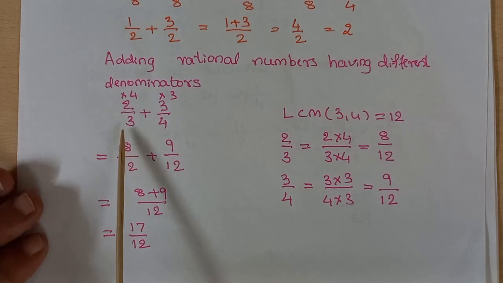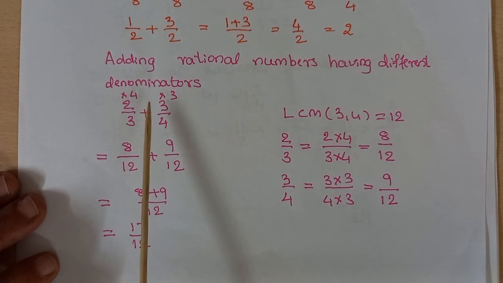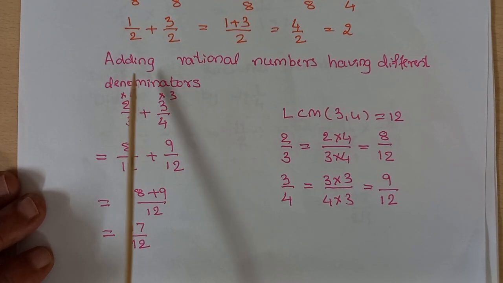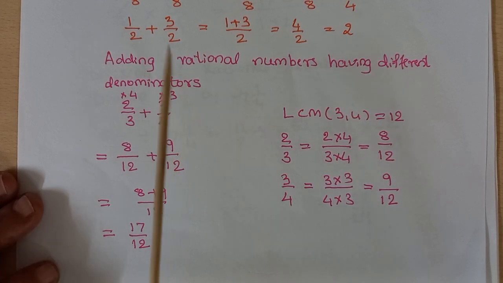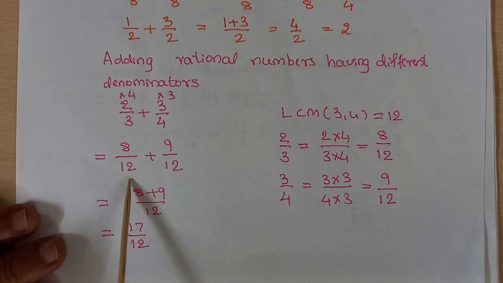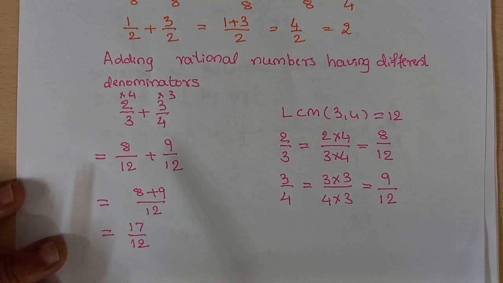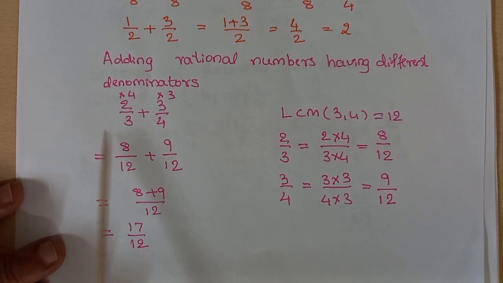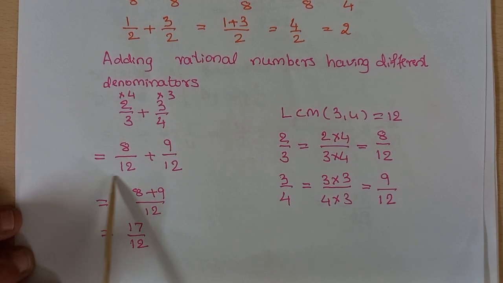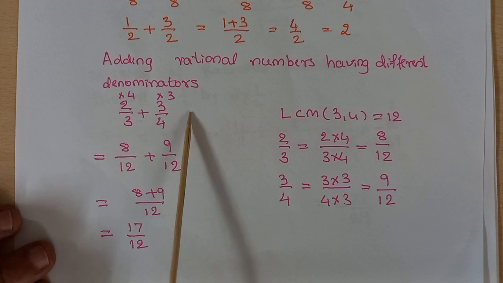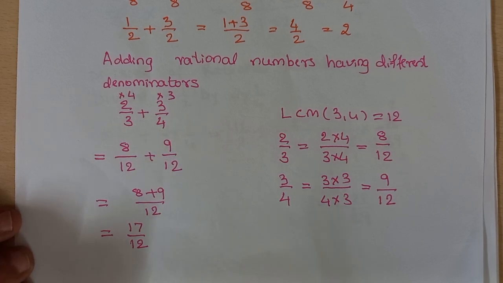That is, 3 fours are 12, so multiply the numerator also by 4. Here, 4 threes are 12, so multiply the numerator also by 3. So that we will get the denominator as 12 and accordingly the numerator is also changed. 4 twos are 8, 3 threes are 9. Now we have the rational numbers with the same denominator. Add the numerators and get the sum. Similarly, subtraction is done.